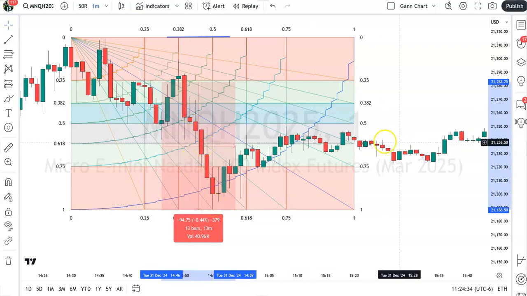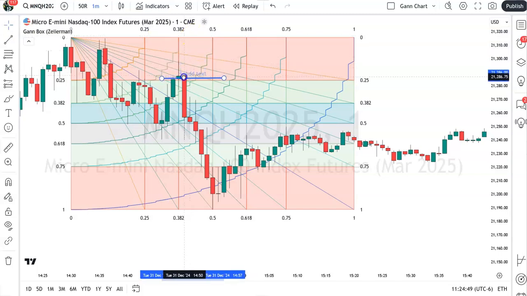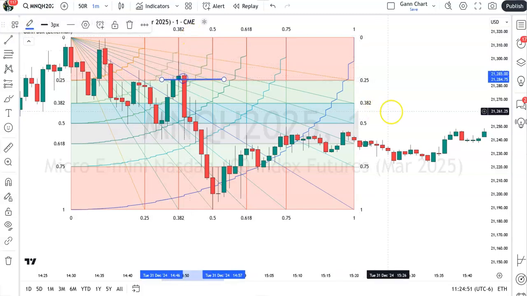Now, remember, this part hasn't printed over here yet. So we don't know that we're going to be successful at it, but let's just shoot. And then look at, once we get to the 1-to-1, we can move our stop from here to break even. Okay.